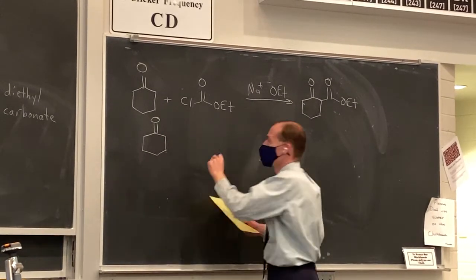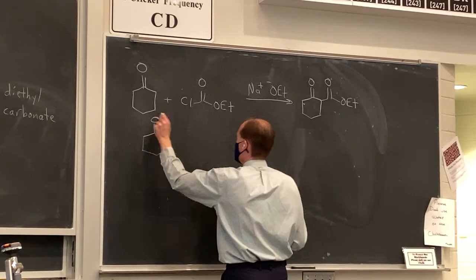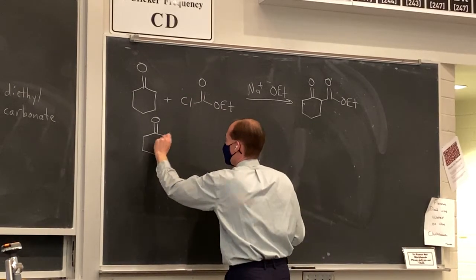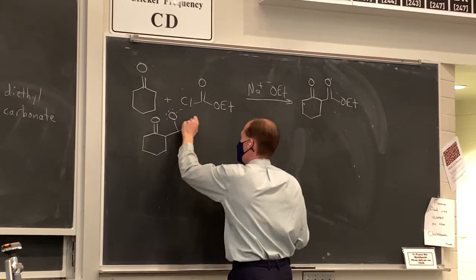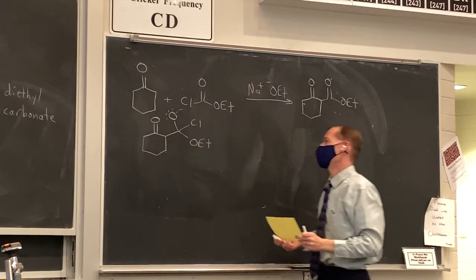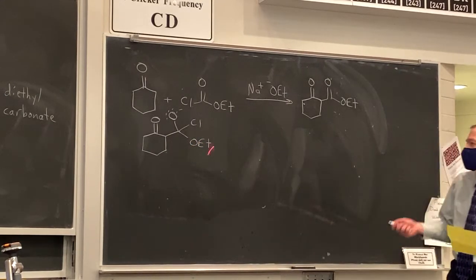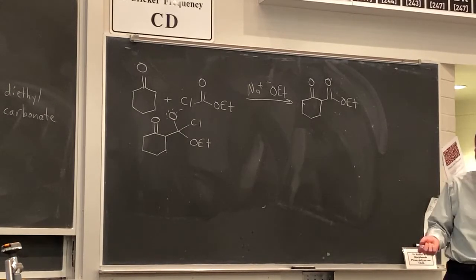So we're going to make a small amount of the ketone enolate under these conditions. That ketone enolate is going to attack the carbonyl of our ethyl chloroformate, and it's going to give us a tetrahedral intermediate. Okay, we've got a couple choices here, but what's the best leaving group on this tetrahedral intermediate? The chloride is.